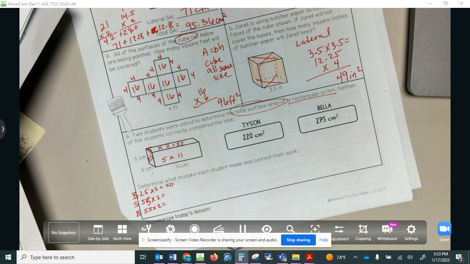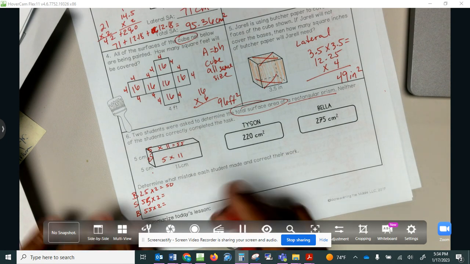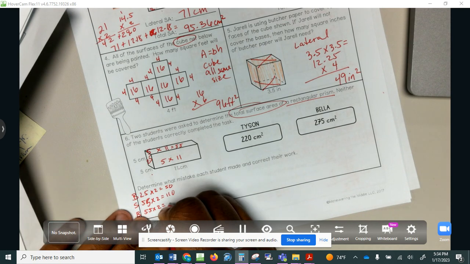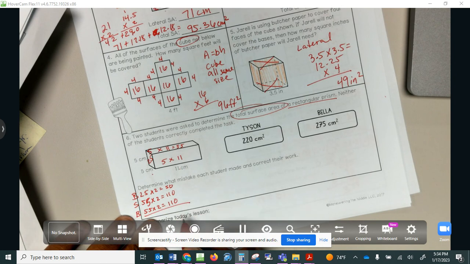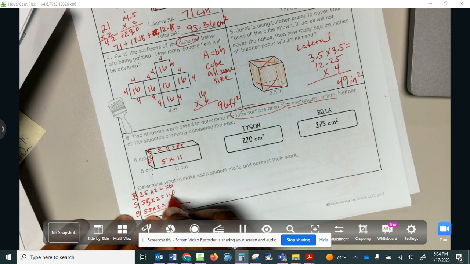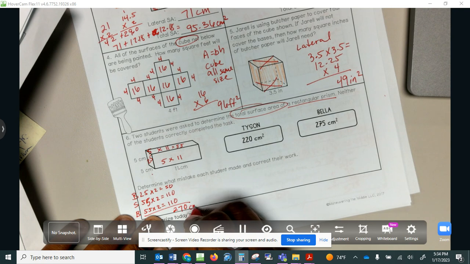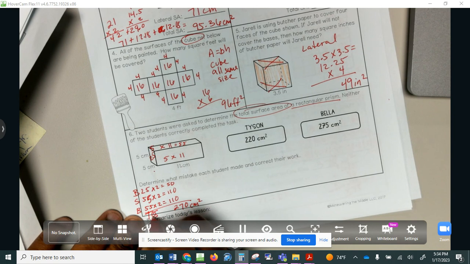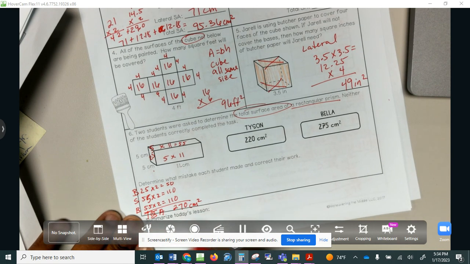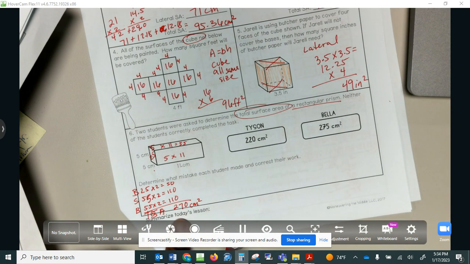And then 55 times 2 is 110. And this is also 110. So my total surface area is 270. So 270 centimeters squared. That's my total surface area. I'm going to say TSA, total surface area.